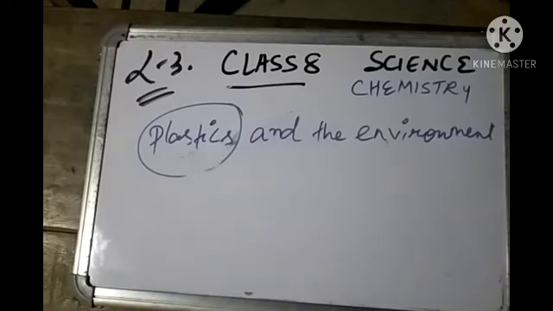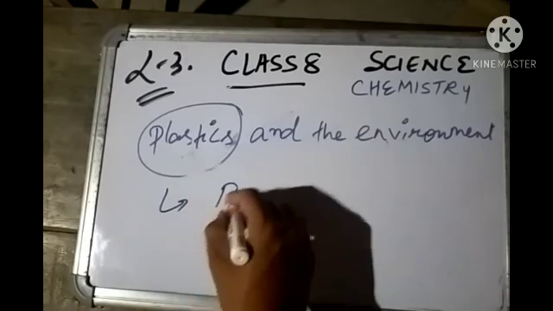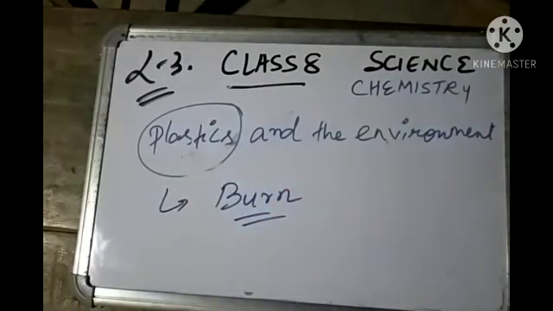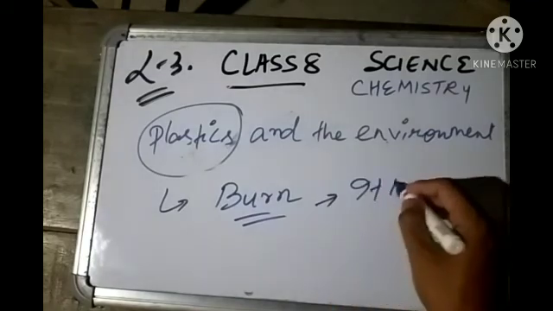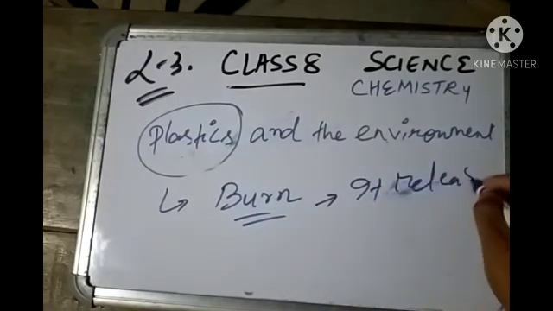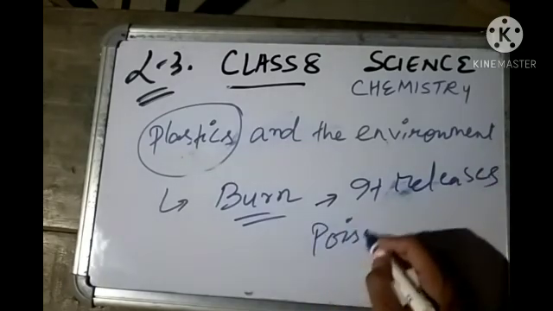Let's discuss another method of disposal, that is burning, which is also discussed in your textbook. When we try to burn plastics as a process of disposal, it releases poisonous gas.